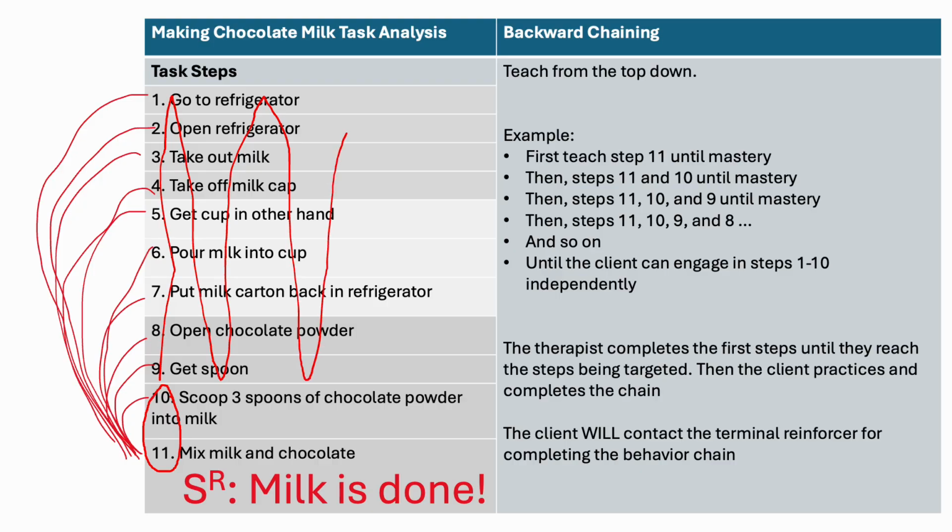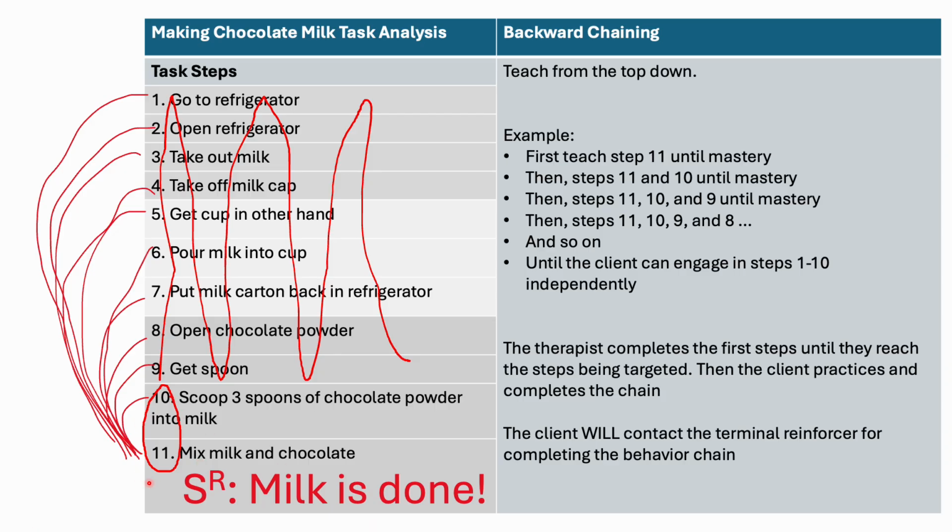You're going to do steps 1 through 9, and then you'll have the learner practice steps 10 through 11. So now that we're teaching step 10, you're going to guide them through completing step 10. So scoop 3 spoons of chocolate powder into the milk, and then you'll allow them to do step 11, which they've already mastered, so they can probably do independently, and then they get to contact reinforcement.